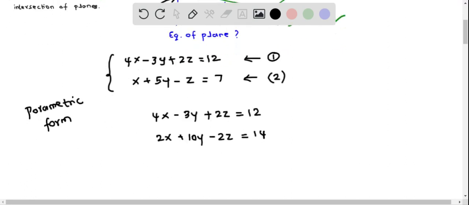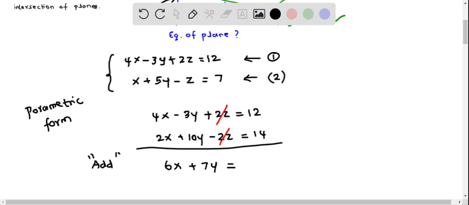So now we can add these two equations so that the z will get eliminated. You can see that positive 2z and negative 2z cancel. Now 4x plus 2x is 6x, and negative 3y plus 10y is positive 7y, and this equals 12 plus 14, which is 26.